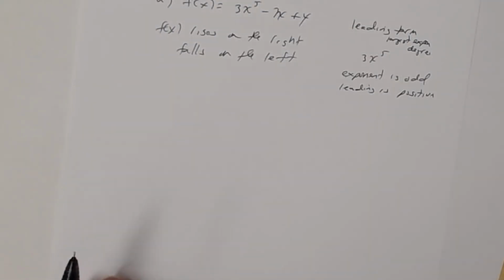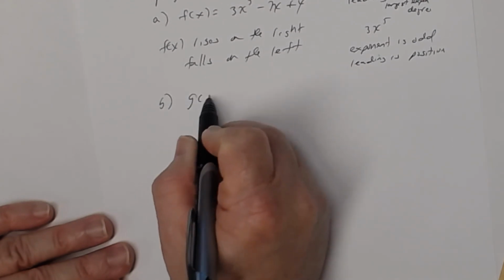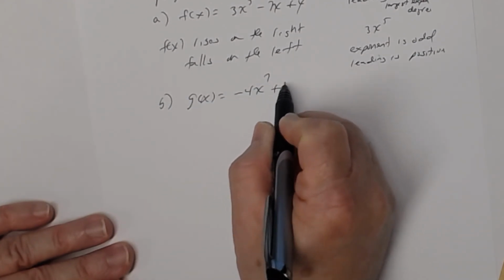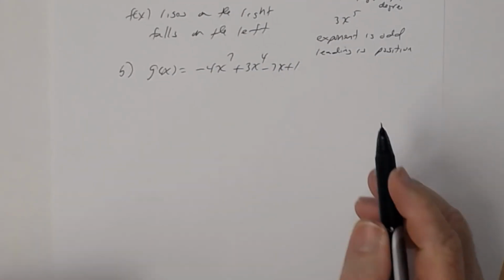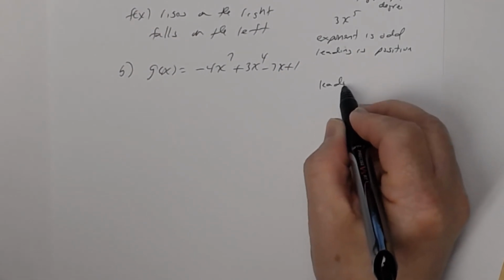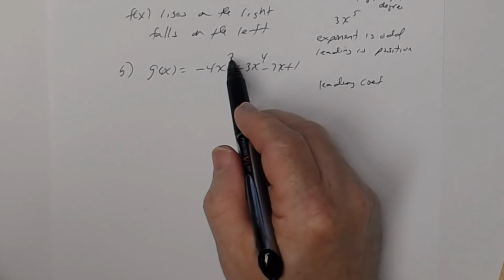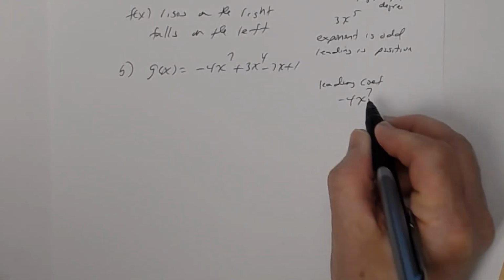All right, let's look at B now. In B, you have g of x equals negative 4x to the seventh plus 3x to the fourth minus 7x plus 1. The leading term is negative 4x to the seventh, because that's the largest exponent.